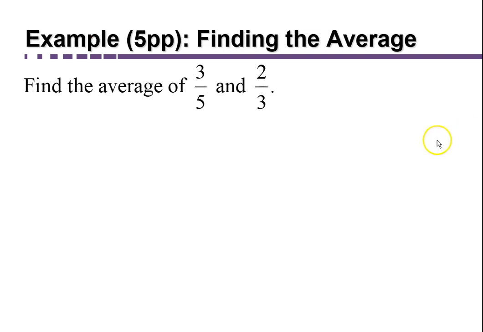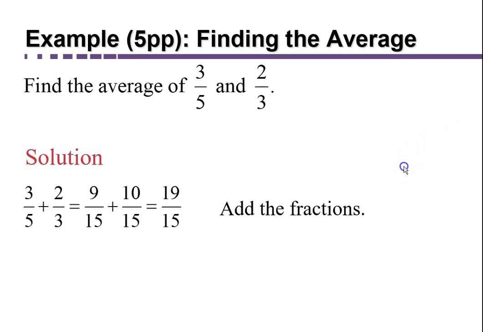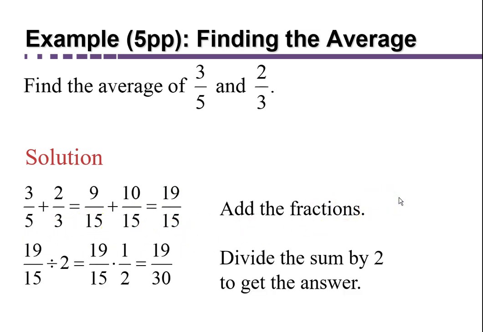Let's see what they show us here. So there's the 19/15. Notice they're not giving us the detail of it. And then we multiply by 1/2, or in a sense, we're dividing by 2. Multiplying by 1/2 gives us 19/30. Very good.